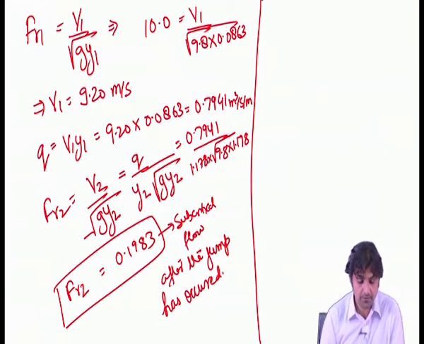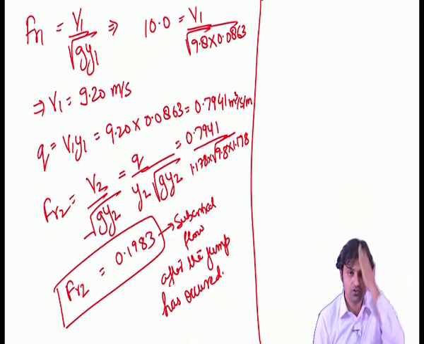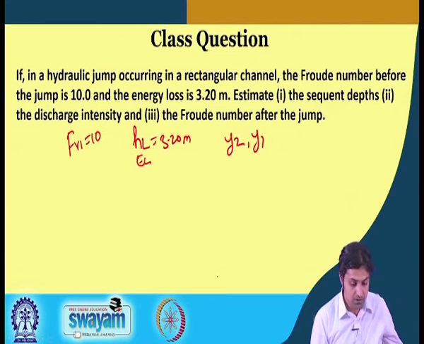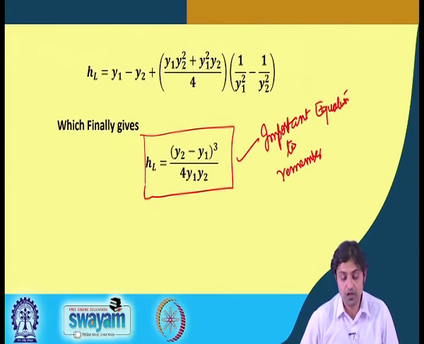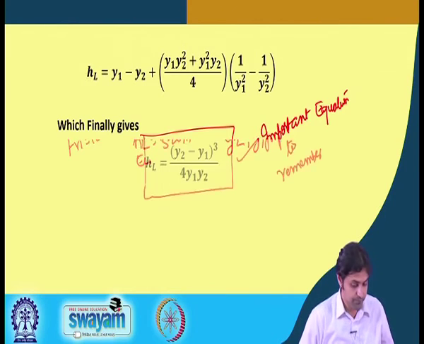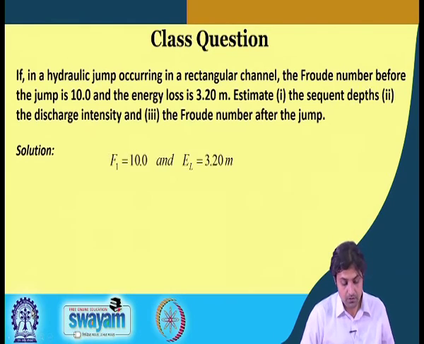has occurred. Okay. So this is a very simple problem, using the formulas. So you see how this formula of energy loss, equal to (y2 minus y1) whole cube divided by 4 y1 y2, is important. Okay. So there is a solution as always here, I have it typed down.